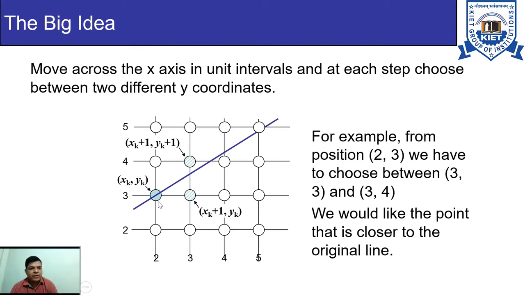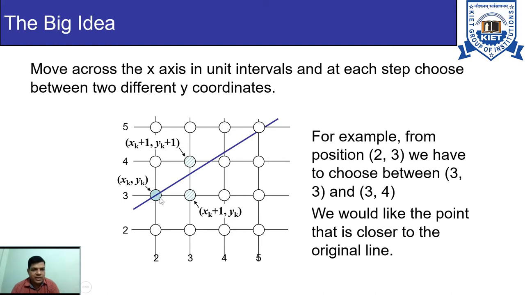From the figure you can see that we have one point, xk comma yk, and this point has the coordinates 2 comma 3.